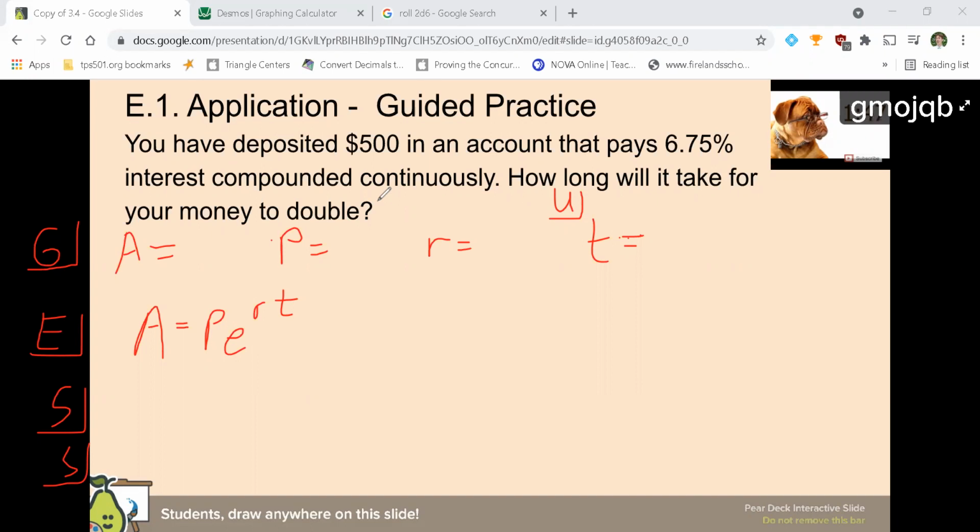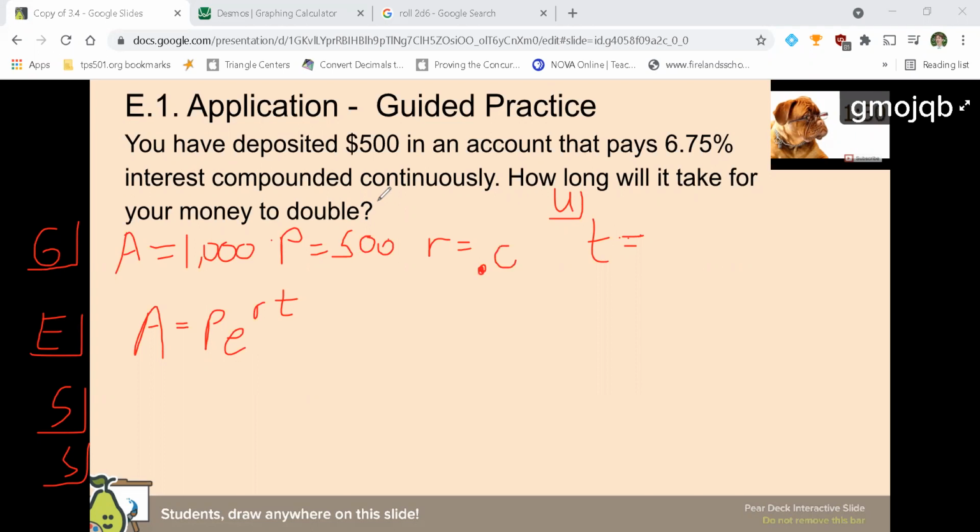What's the amount you should have at the end? $1,000. P is your principal, or your starting amount. R is the rate as a decimal, not a percentage.